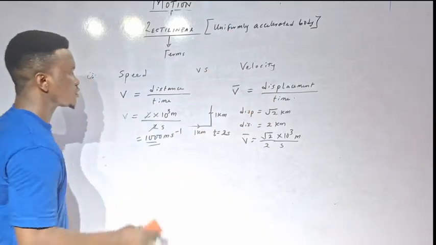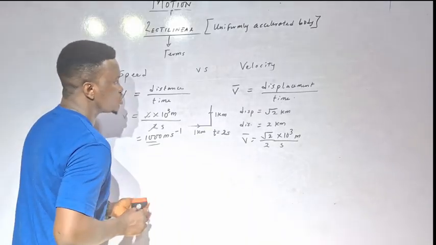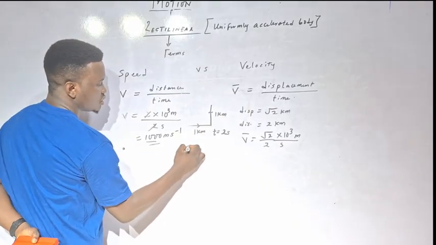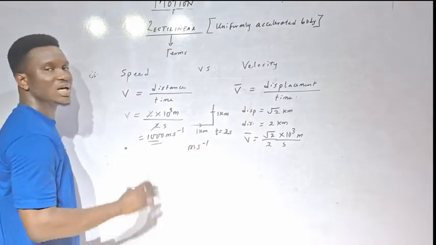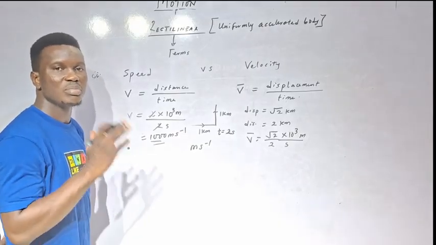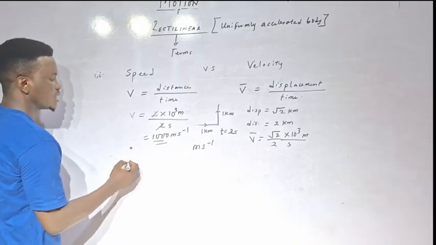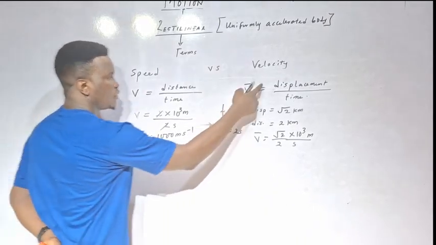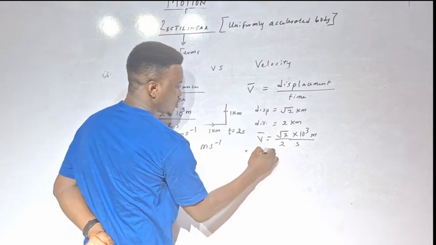Is that taken? Now, the next thing you need to know is that the unit for speed and velocity, both of them, is meter per second. That is the SI unit, meter per second. Don't forget that. Another thing you need to know is that speed is scalar, from what I've said, but velocity is what? Vector.